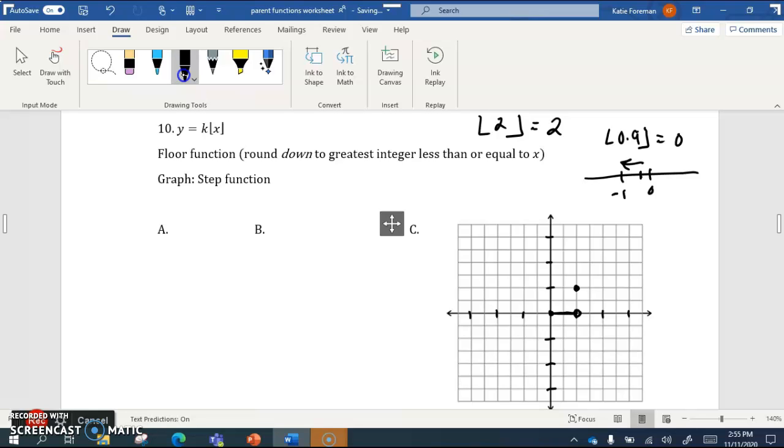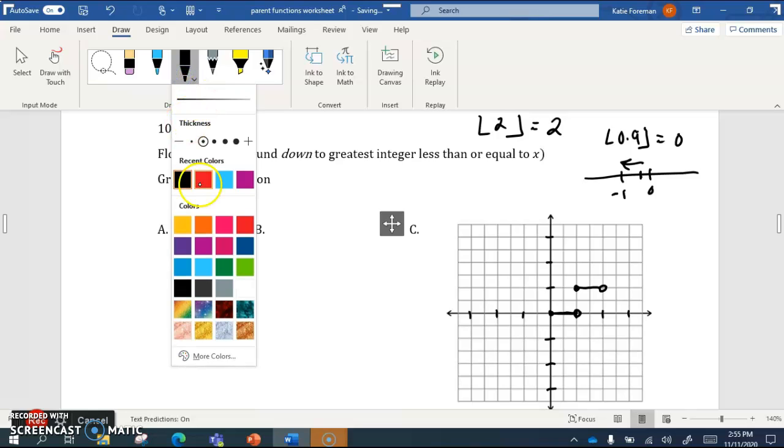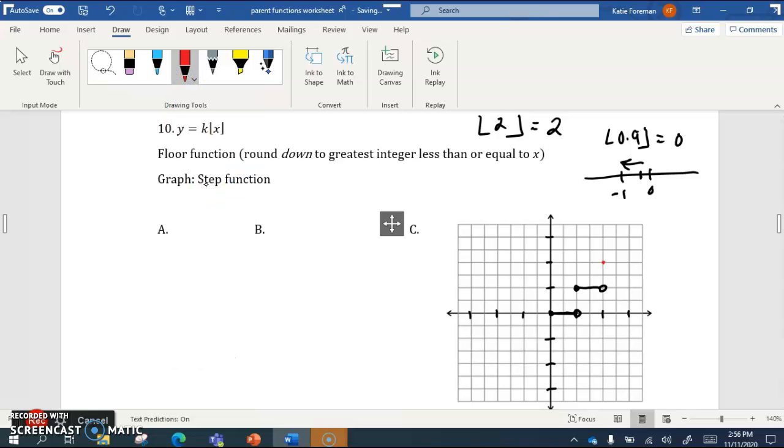So the closed circle goes to where y is equal to 1. Any number between 1 and 2 gets rounded down to 1 until I get to 2. So on this floor function, the leftmost x values are always closed and the rightmost x values are always open. Leftmost are closed, rightmost are open.